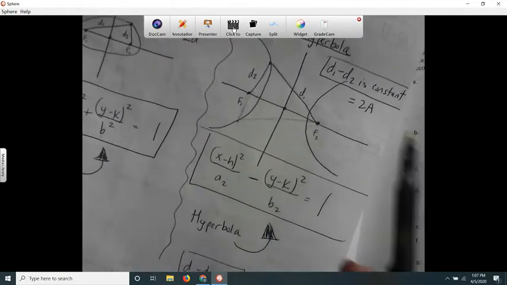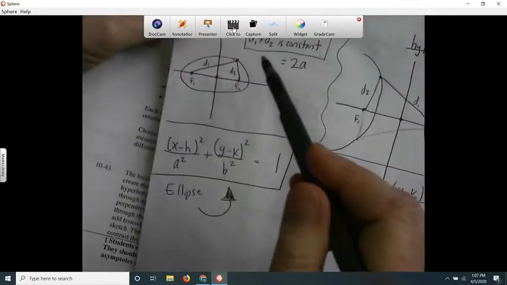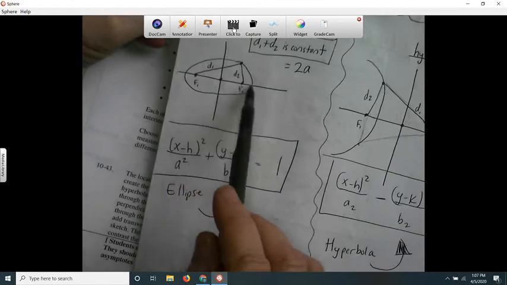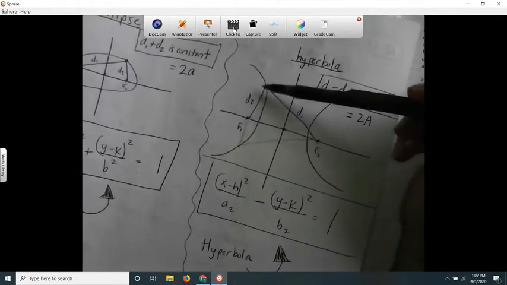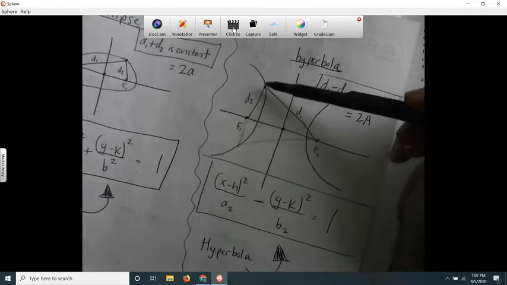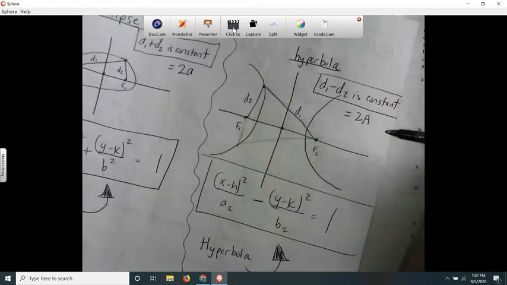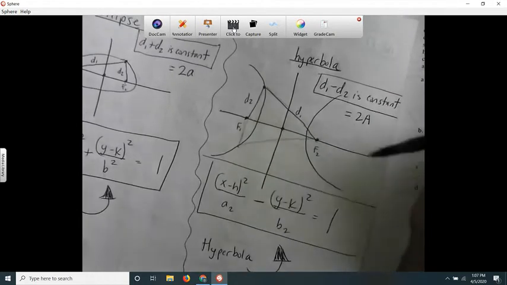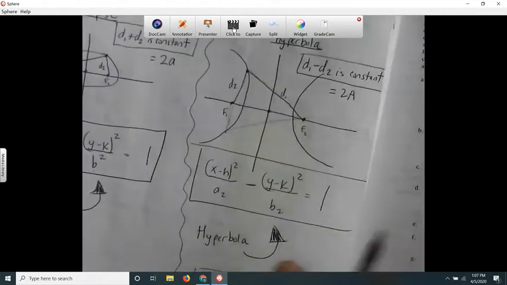try to convince you that if you remember the little string demonstration that I did, it's kind of the same thing. This distance, take away this distance, ends up being 2a. Let's see, how can I explain that?